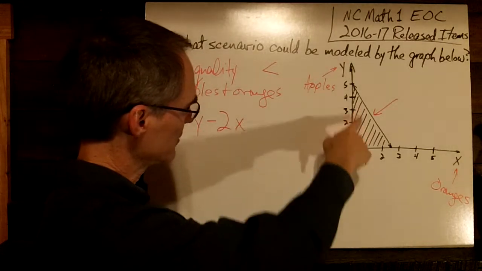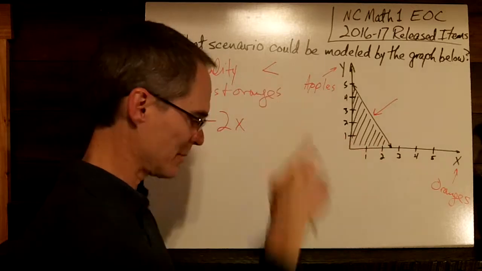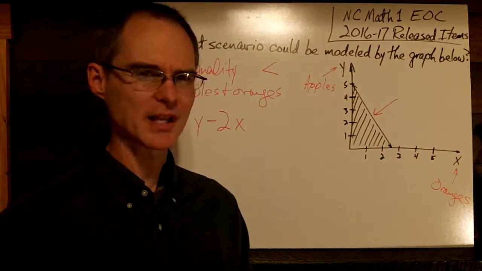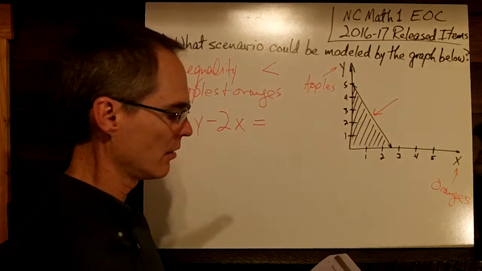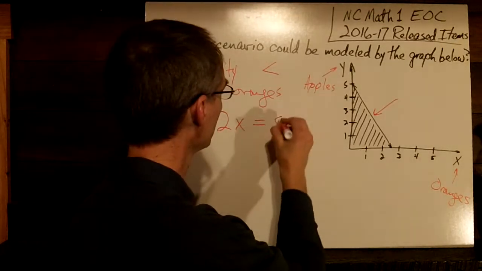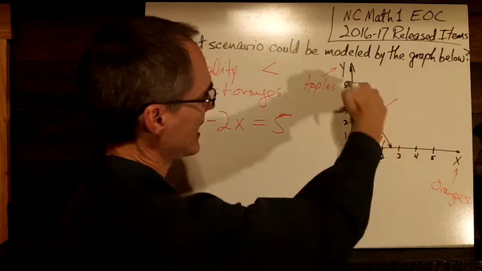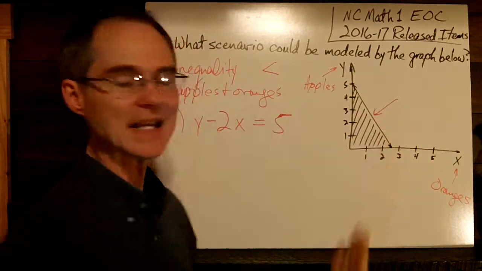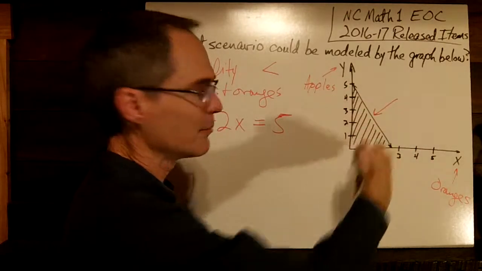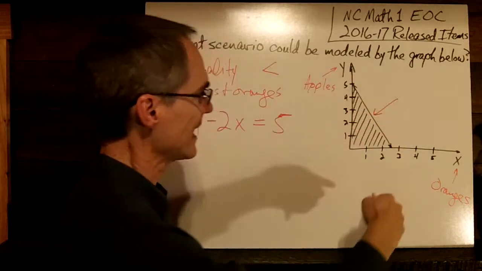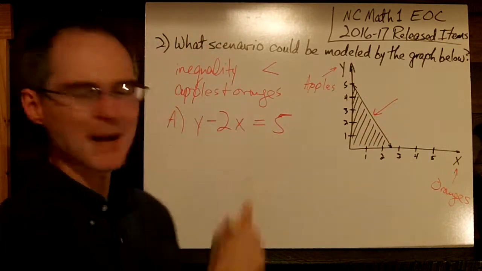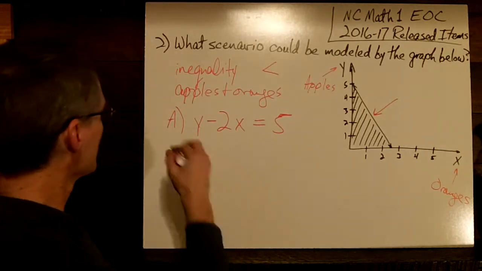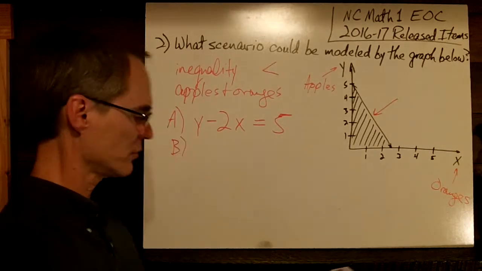This looks like a less than inequality, so maybe it's supposed to be less, but I'm just going to write it as equal for now, equals 5. The line itself is the equals part of the inequality, and the shaded part would be the less than, or maybe greater than. I'll come back and change that later. That's my answer choice A.